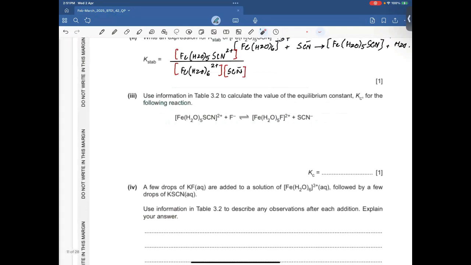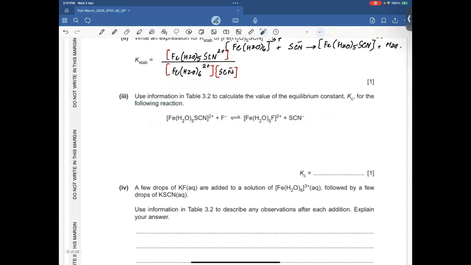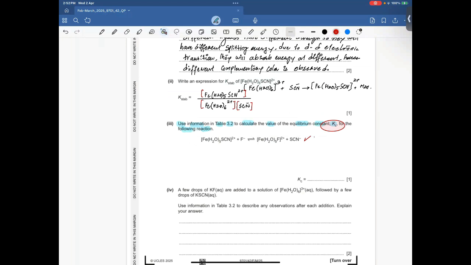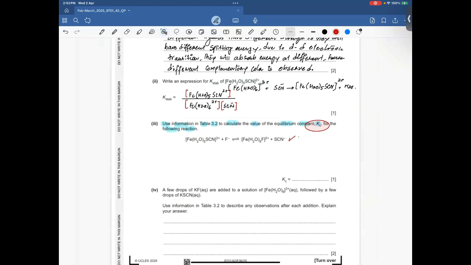Use information in table 3.2 to calculate the value of the equilibrium constant Kc for the following reaction. Kc, the examiner is looking for the Kc for this equilibrium reaction. Now, this concept is extremely tricky.